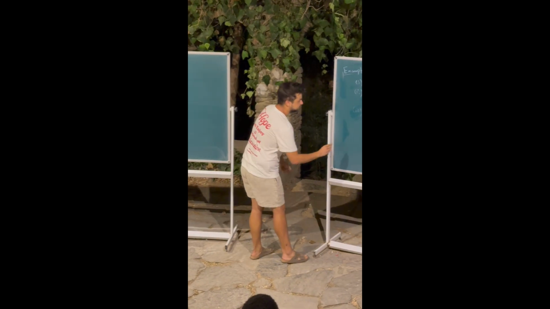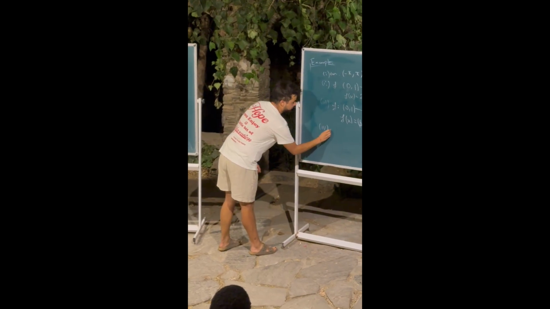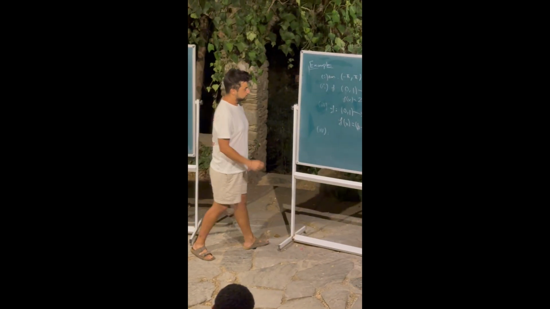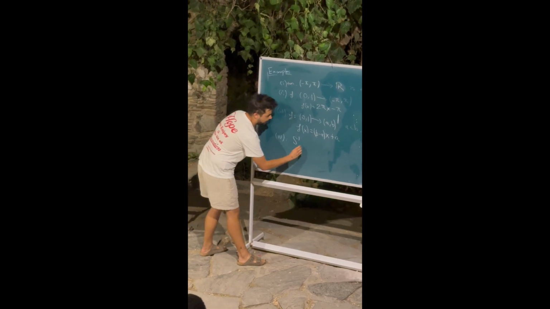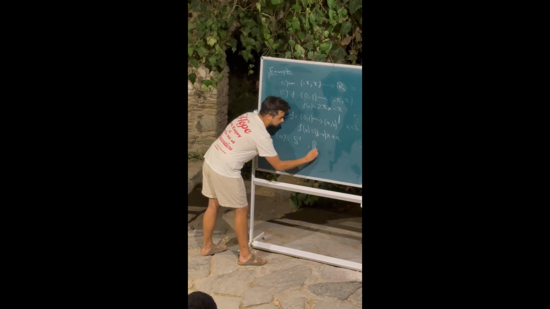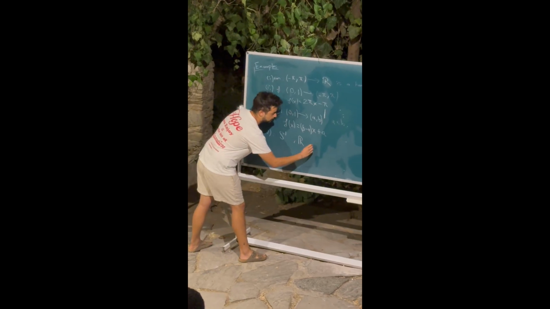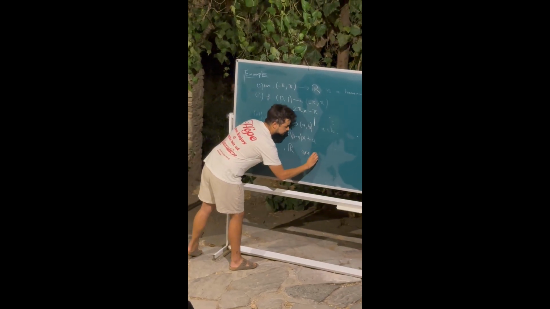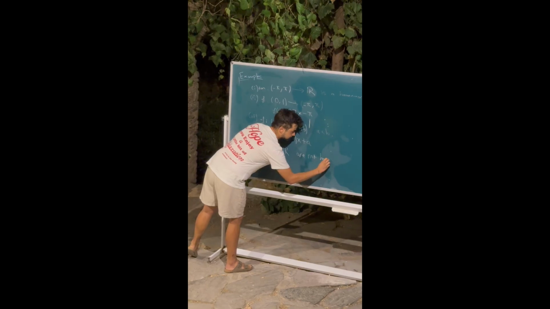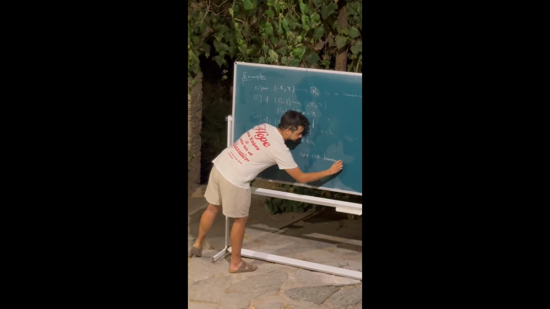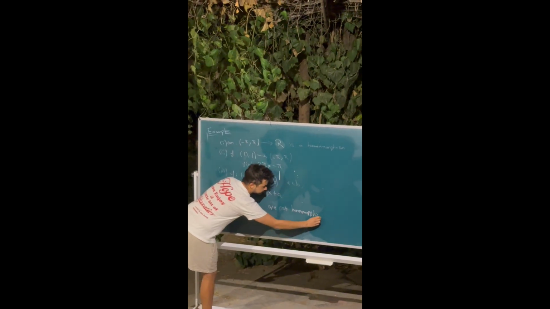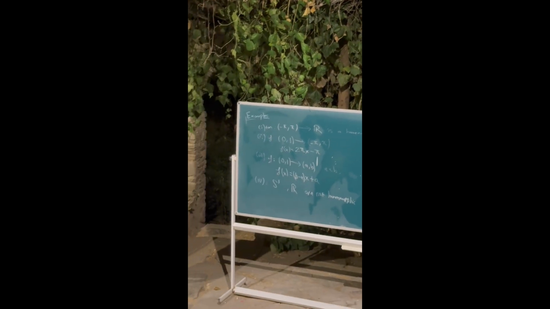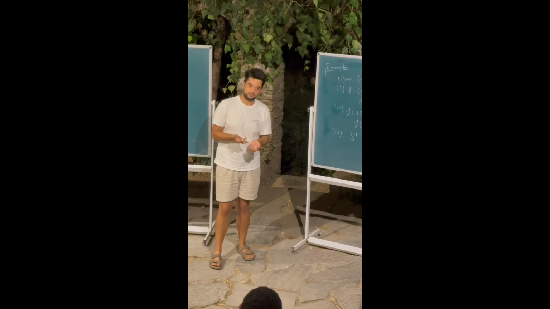Okay. Let's try to see something that is not homeomorphic. So I claim that the circle S1 and R, or an open interval, are not homeomorphic. There are a few arguments for this.